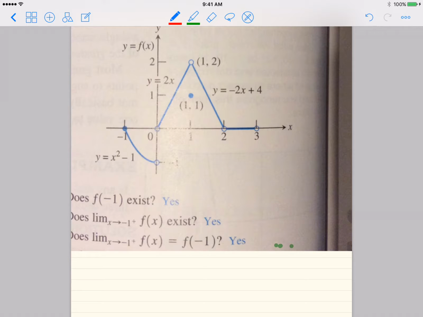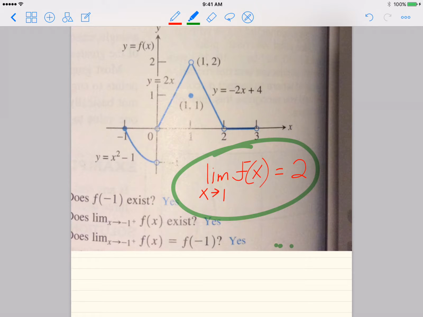So let's write a proper notation for this. The limit of this function as x approaches 1 is equal to 2. The y value near 1 from the left side and the right side is equal to 2. But the previous answer to this one, the defined value at 1, happened to be 1.